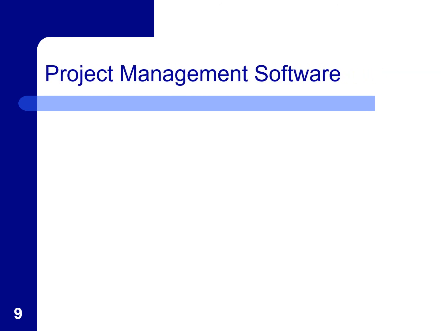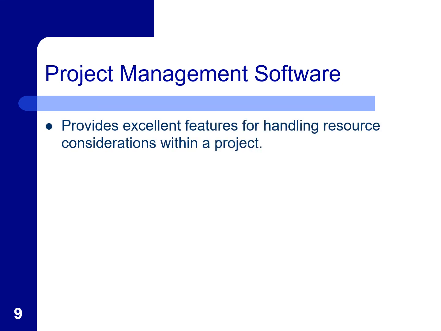right. Project management software. Of course, at the end of each chapter you will know that there is project management software that will be used to calculate the resource utilization, and this will help in completing your project.